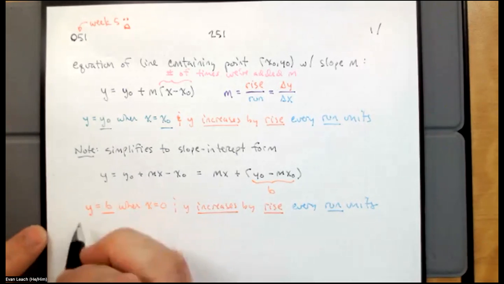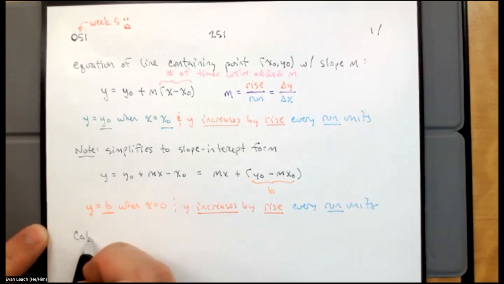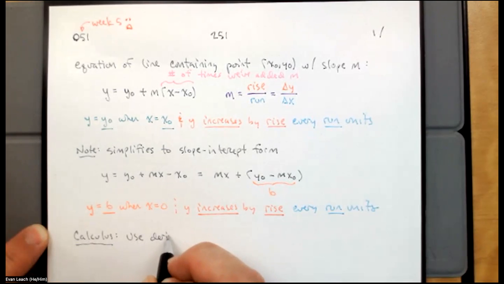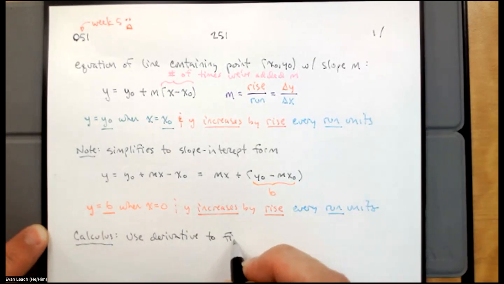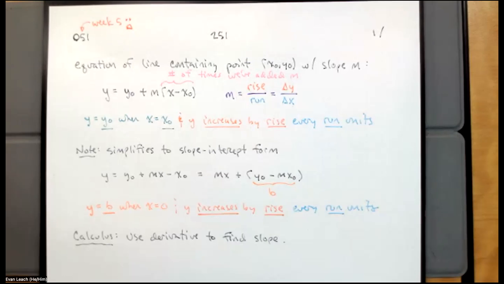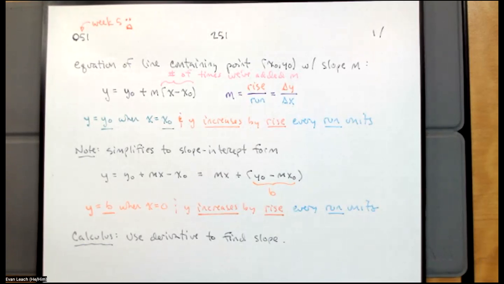So the calculus contribution is just going to be to use the derivative to find the slope. It's another way that we can find the slope. Rather than taking 2 points and looking at the change in y divided by the change in x, we're going to use the derivative to find the slope.